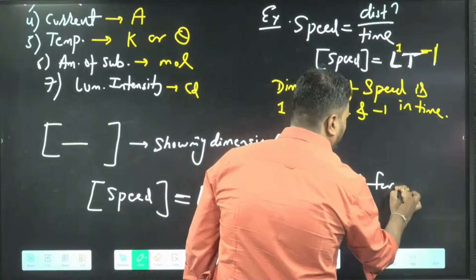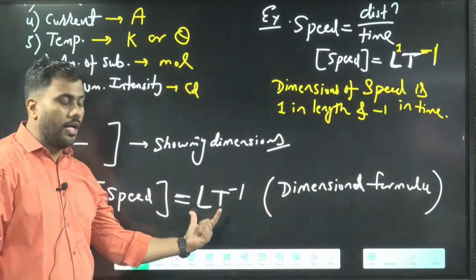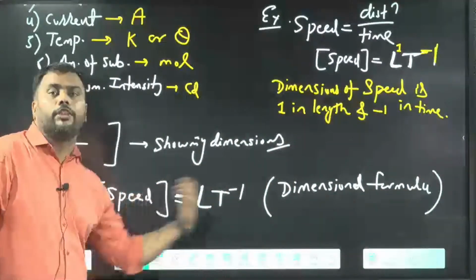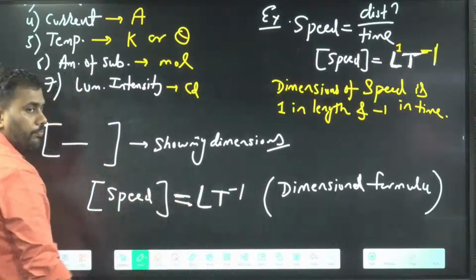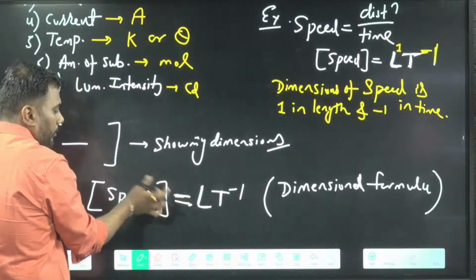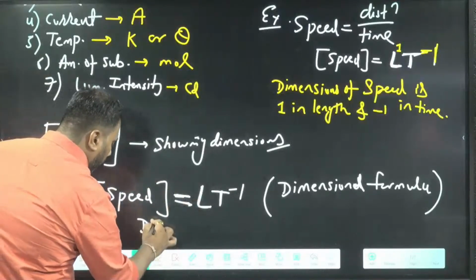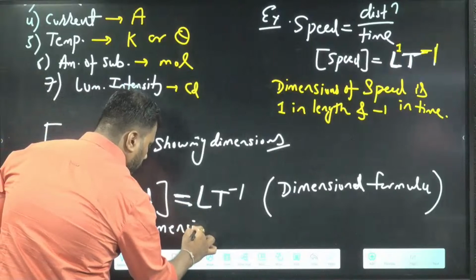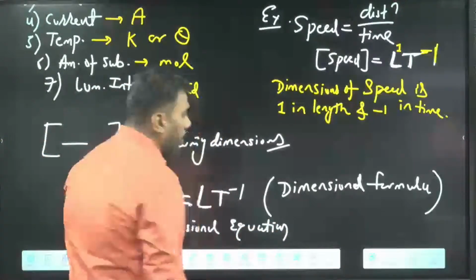This expression is called dimensional formula, and this equation is called dimensional equation, because there is an equals sign here. What is dimensional formula?